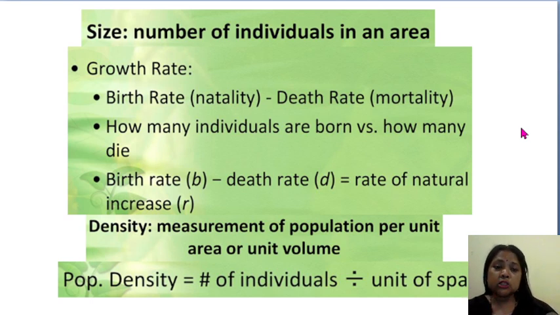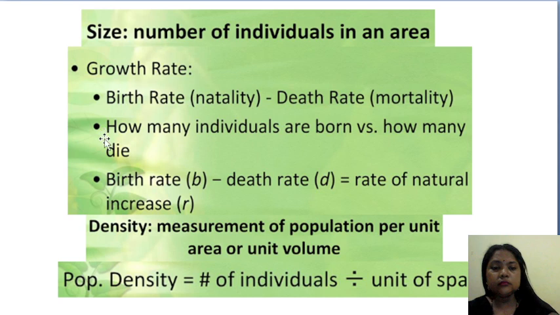For example, if in a particular place the birth rate is more than the death rate, then the population will grow. Otherwise, if the birth rate is less than the death rate, then the population will decrease. Birth rate is known as natality and death rate is known as mortality.